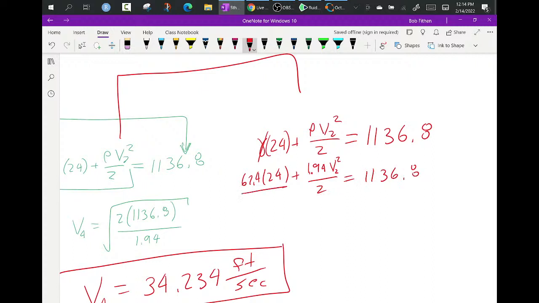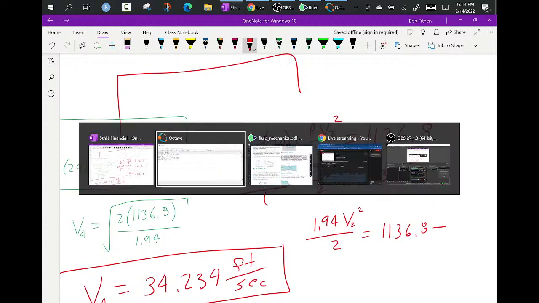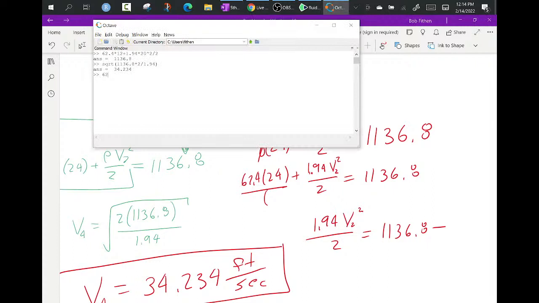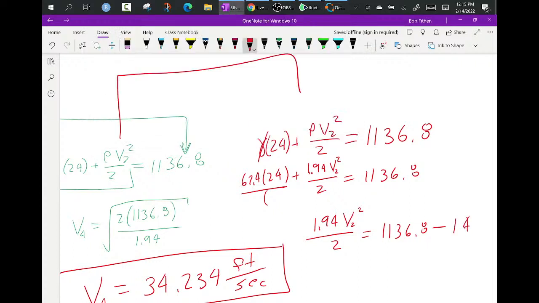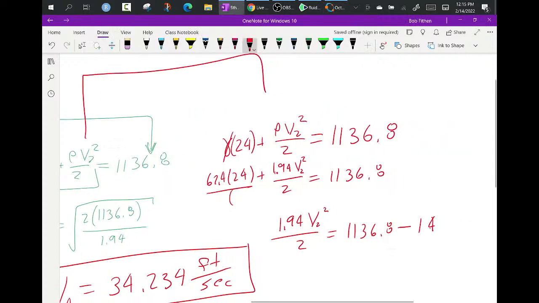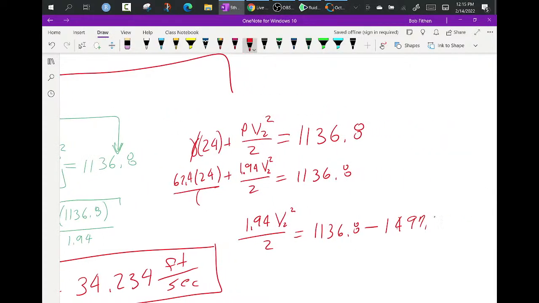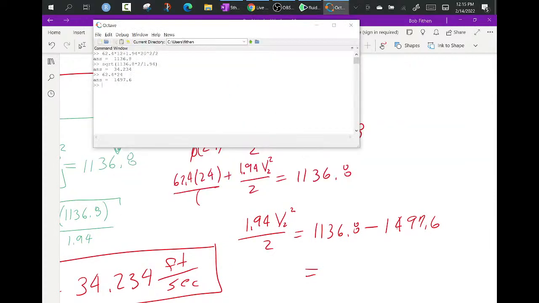Now, take this to the other side, you get 1.94 V2 squared over 2 equals 1136.8 minus, this is a good one, 62.4 times 24 gives you 1497.6. This is a problem.